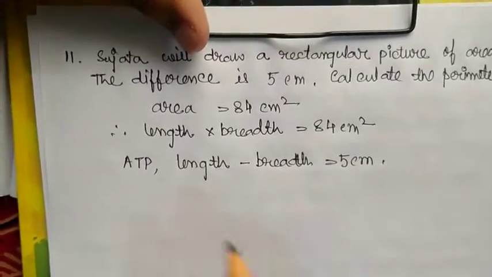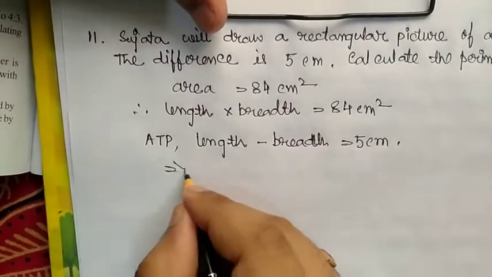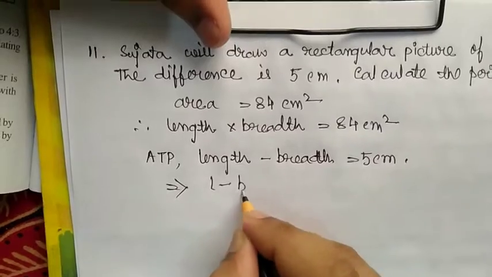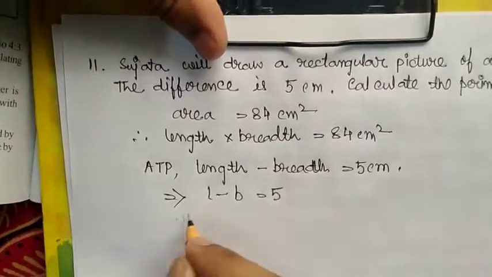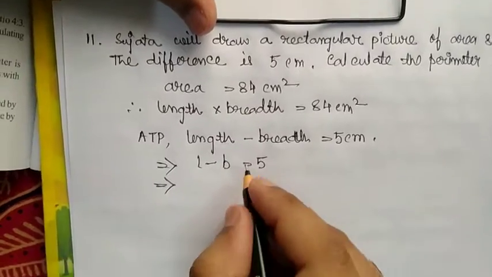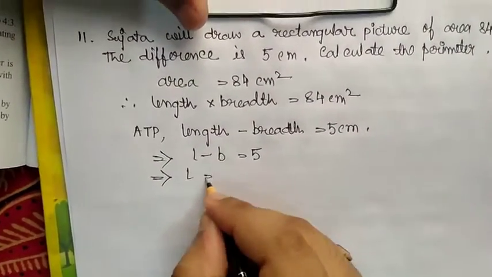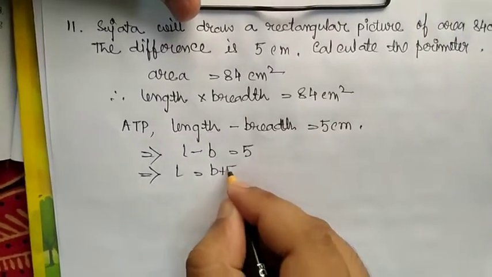So here we assume that length is L and breadth is B. So therefore we can say that L minus B equal to 5. If B goes from left hand side to right hand side, it should be positive. So L equal to B plus 5.